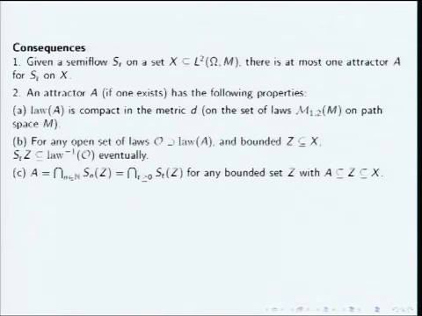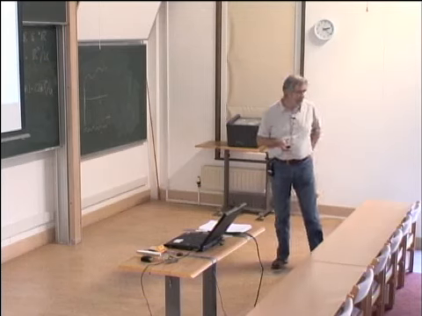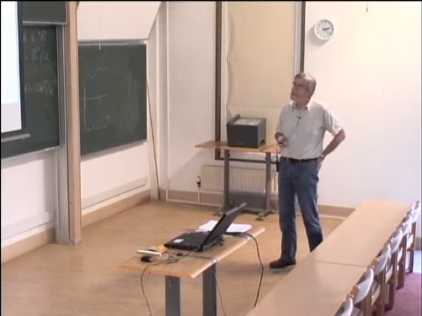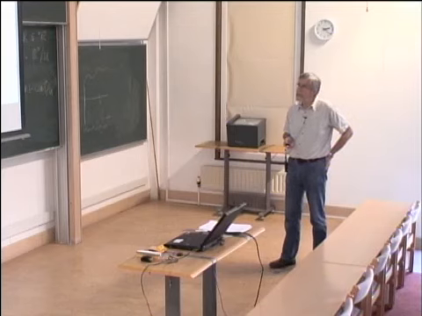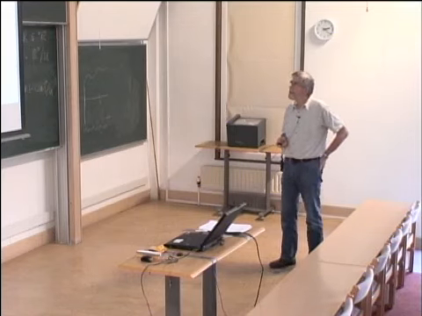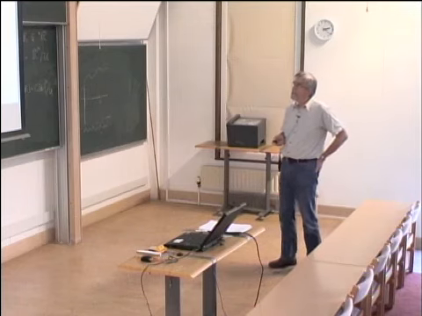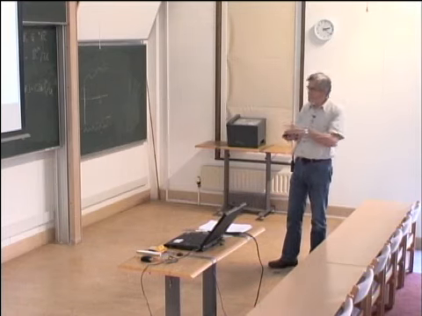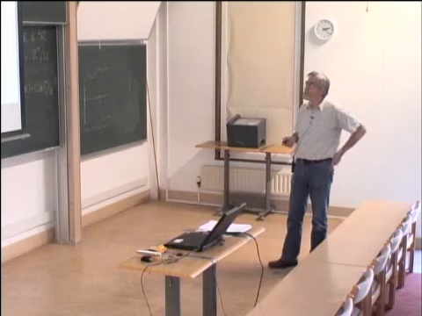So just a technical fact that comes out of the proof I'm going to outline later, that the attractor is simply a countable intersection of the application of the semigroup to any bounded set.